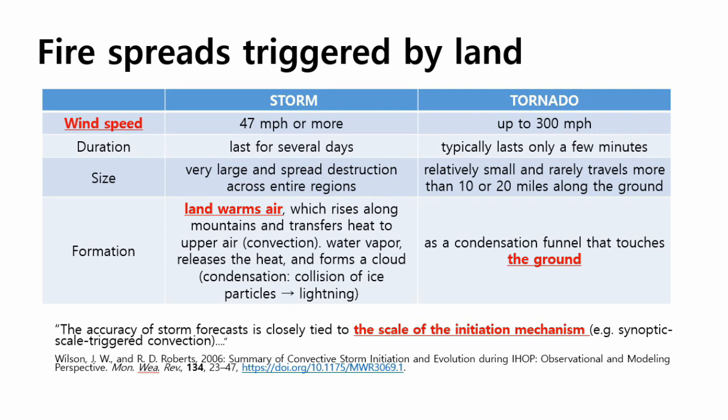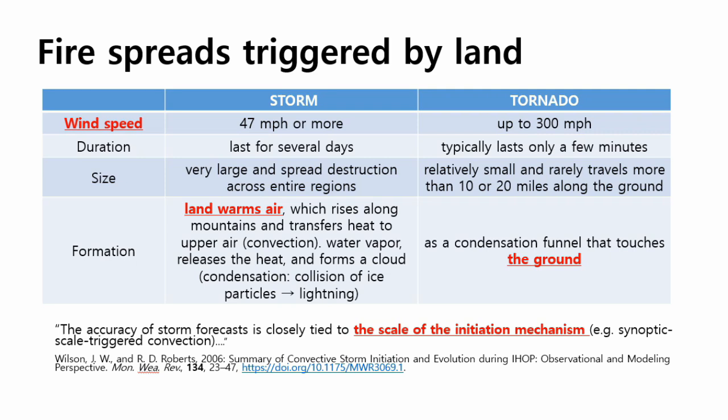Basically, fire spread is driven by wind, that is true. However, the wind can be accelerated by the warm land surface. So the storm and tornado may be relevant to this kind of mechanism, land surface and atmospheric interactions and feedback.